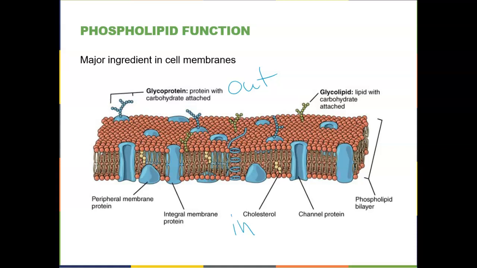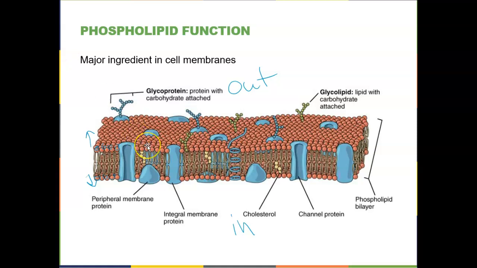So the way the phospholipids arrange themselves, if you notice, all the head groups are here. Those are polar. So you have one layer of phospholipids with the head group facing out towards the water, and then another layer of phospholipids down here with the head group facing in the cell towards the watery cytoplasm inside the cell.